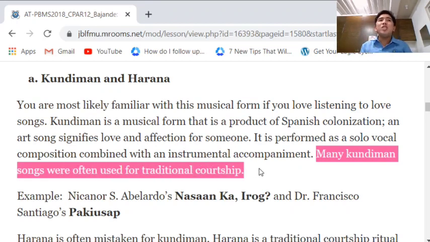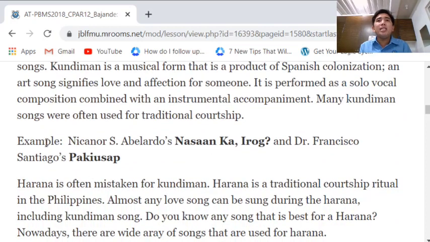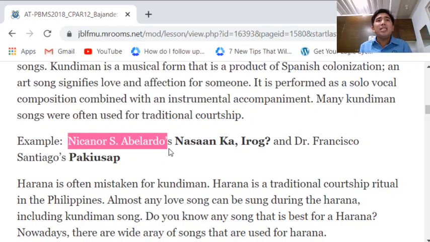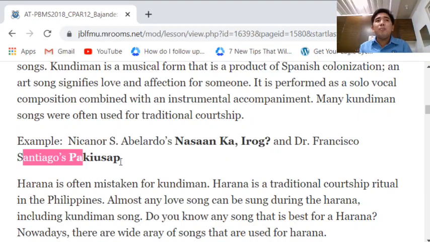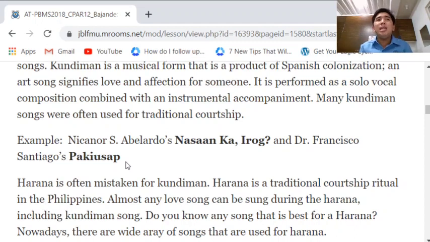So, class, remember, kundiman is a type of song. Harana, we're going to talk about it later. An example of kundiman is Nicanor S. Abelardo's Nasaan Ka Irog, and Dr. Santiago's Pakiusap. You can search it on YouTube to hear how Nasaan Ka Irog or Pakiusap sounds, so that you know the meaning of kundiman.